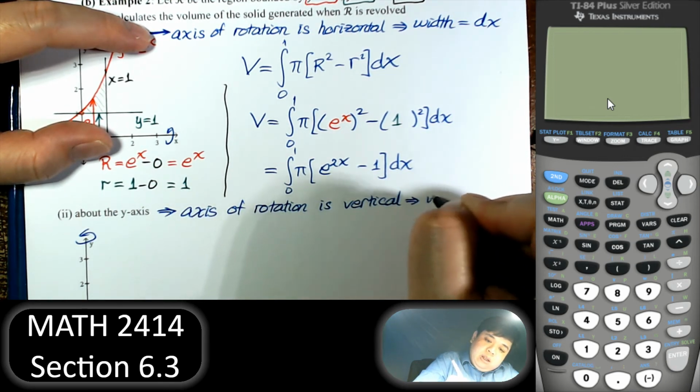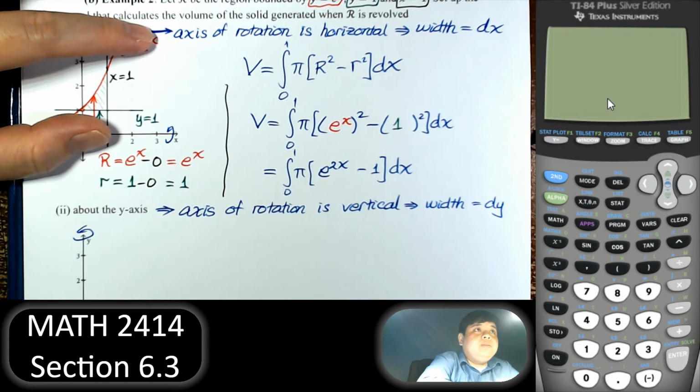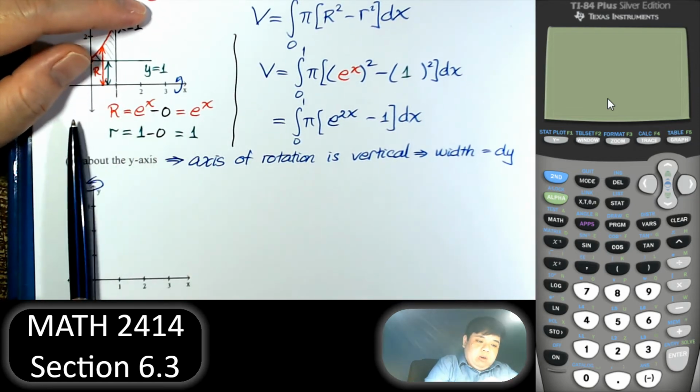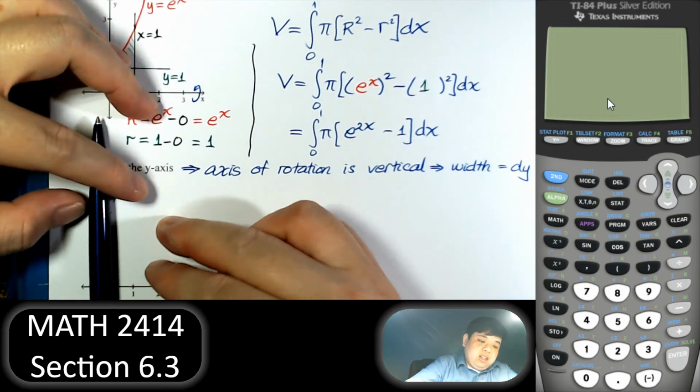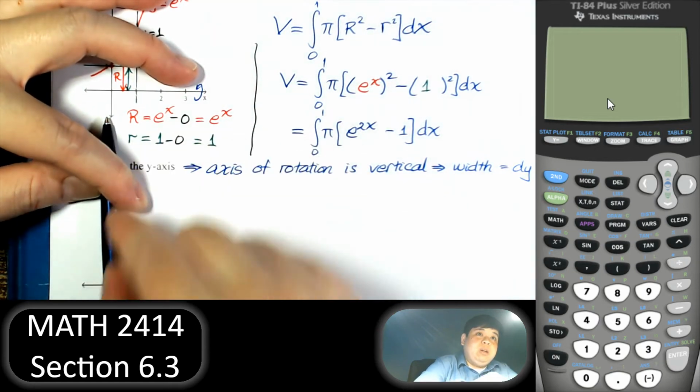That means the width is equal to dy. So if we have the vertical axis and we slice, each increment is going to be dy.